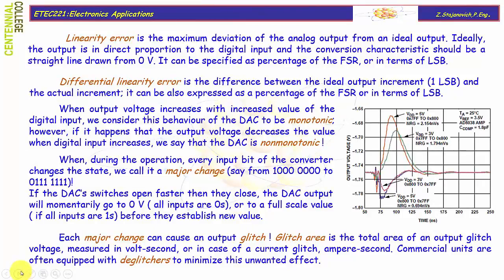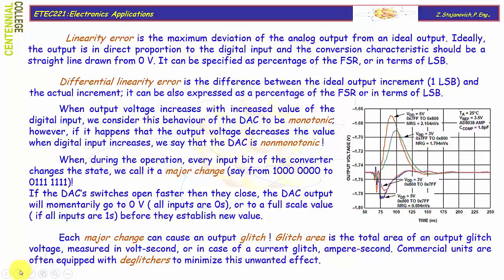Linearity error is the maximum deviation of the analog output from an ideal output. We said that the output is in direct proportion to the digital input, and the conversion characteristic should be a straight line drawn from 0 volts. However, this linearity error or deviation from ideal points might cause the straight line to look more like a broken line.